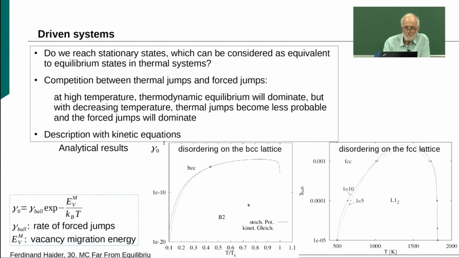What does it mean? Here at very high temperature, above the critical temperature, these temperatures are normalized to the critical temperature. The system would undergo disordering from both the thermal and the ballistic side. So it's not very amazing that this goes down to 0 here. So here we have disorder.